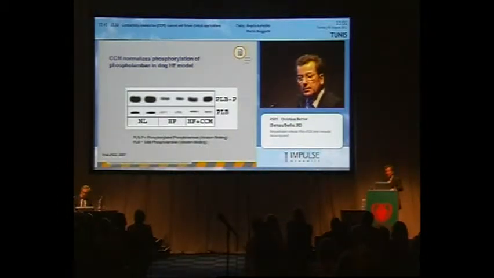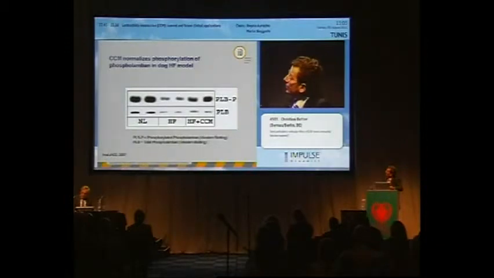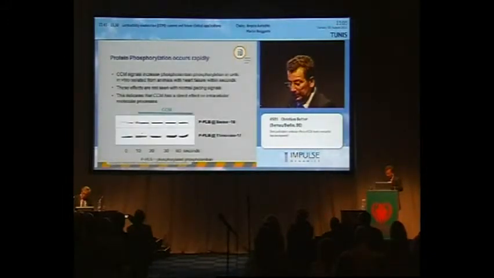You see that it's down-regulated in heart failure, both parts, the phosphorylated part as well as overall. And after application of CCM, you see that the phosphorylated portion is upregulated again and will be close to the normal density, which is measured in the Western blot test.